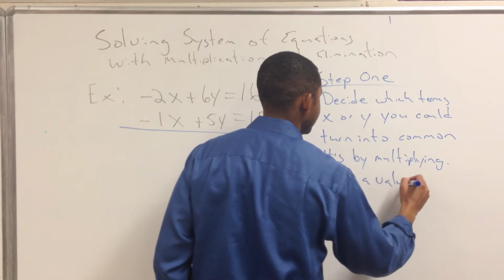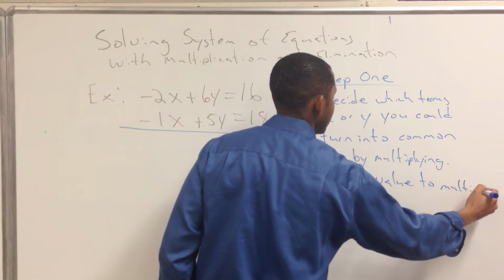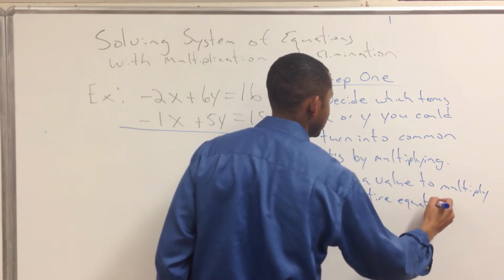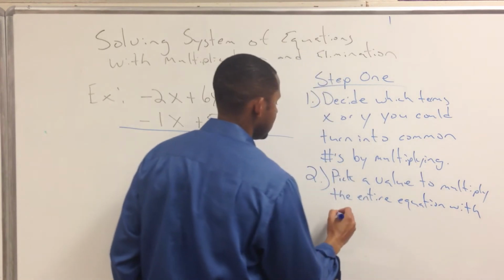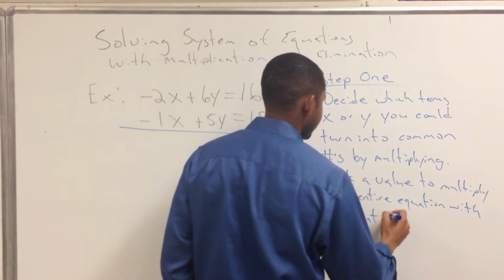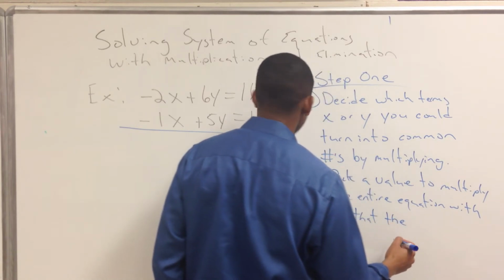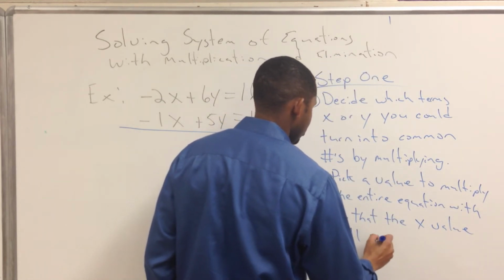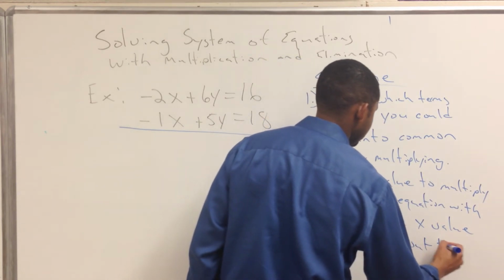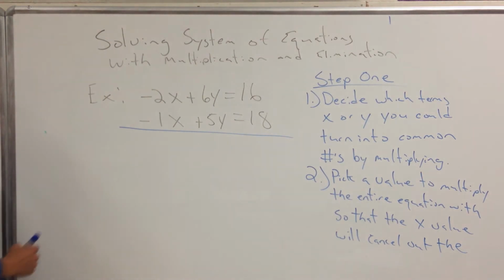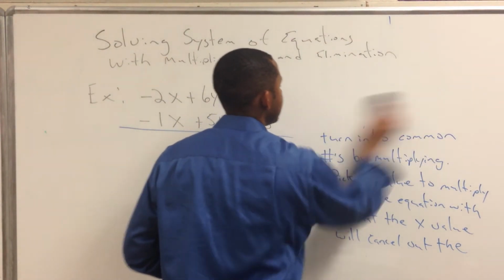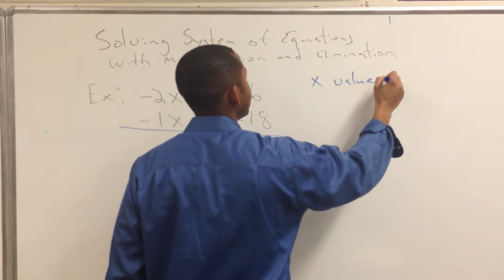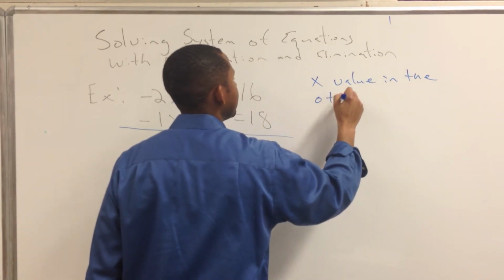So, after you do that, pick a value to multiply the entire equation with, so that the x value will cancel out the x value in the other equation.